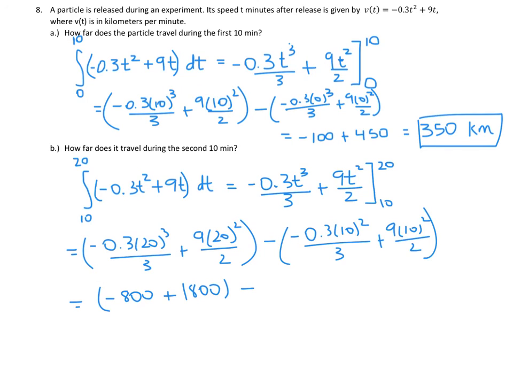So we can save ourselves some work here and know that this is minus 350. Alright, so we have negative 800 plus 1,800, which is going to give us 1,000, and then 1,000 minus 350 is going to leave us with 650. So during the second 10 minutes, between 10 and 20 minutes, the particle has traveled 650 kilometers.